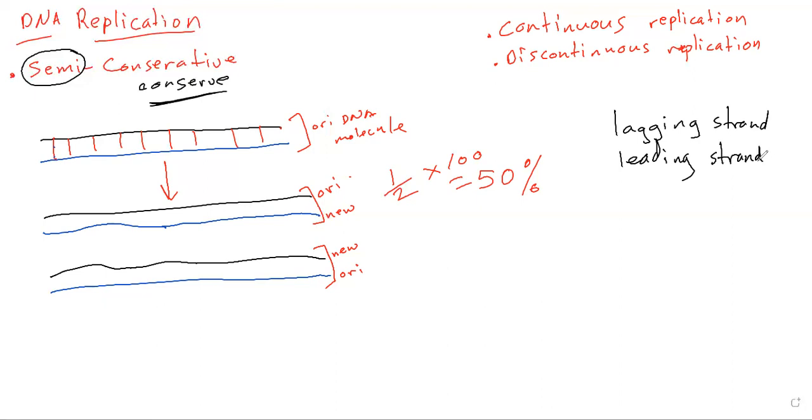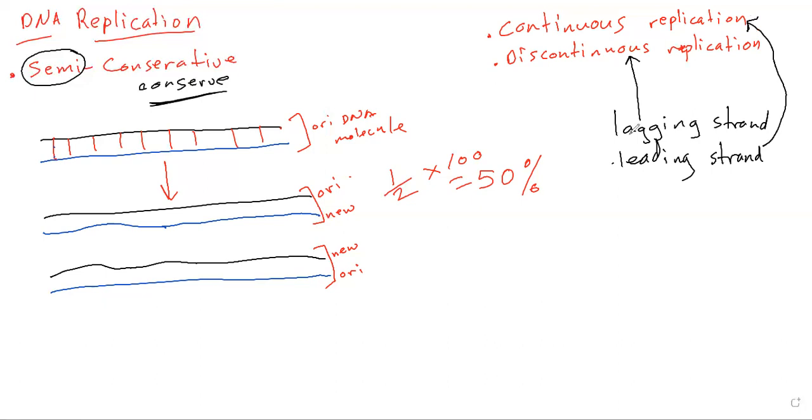All right. So the lagging strand, that one is what we refer to as discontinuous replication. And the leading strand is continuous replication.